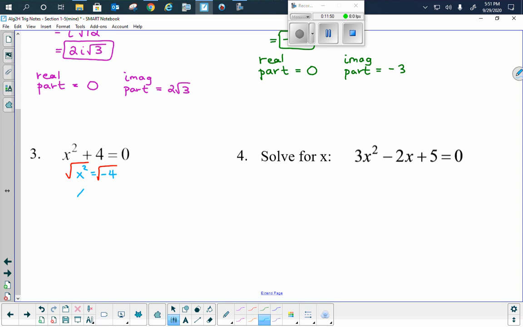So now this is x equals, ooh, don't forget that important thing. If you've put in the square root, it's got to be plus or minus. Okay, it has to be there. And it's going to be plus or minus the square root of negative 4. So now think about those steps. Don't do it too fast. It'd be plus or minus. The thinking needs to be negative 1 times 4. So that the square root of the negative 1 is the i, and the square root of 4 is the 2. So there's your plus or minus 2i. Okay.